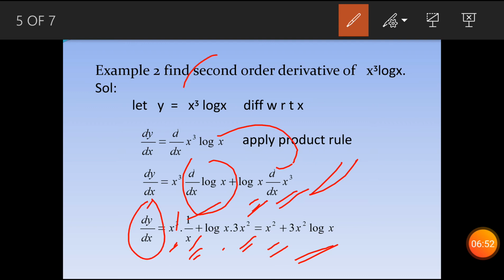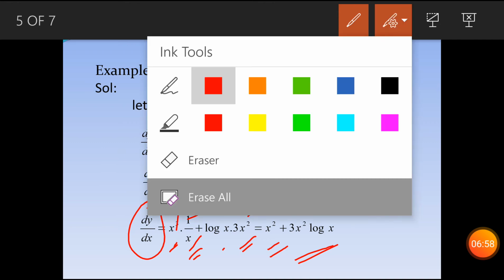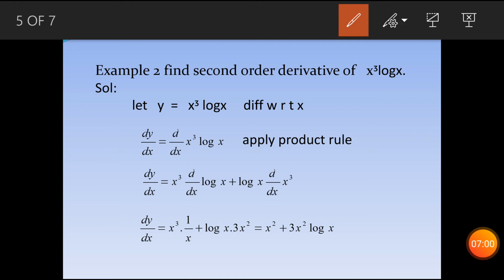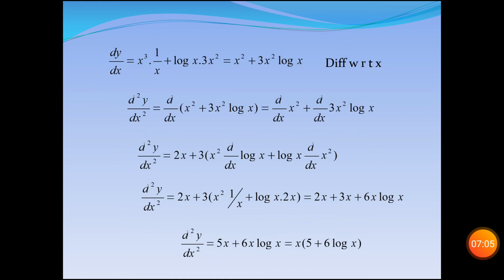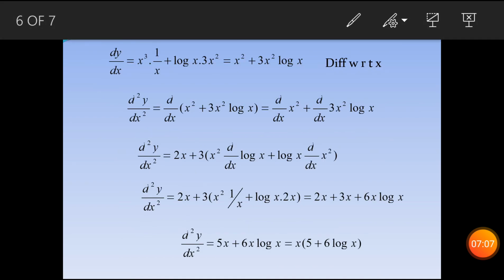As you want to calculate the second order derivative, it means we want to calculate d2y upon dx2. So let's see in the next slide. Now you see, this is what we got in that slide. So now d2y upon dx2 means d over dx of this expression.